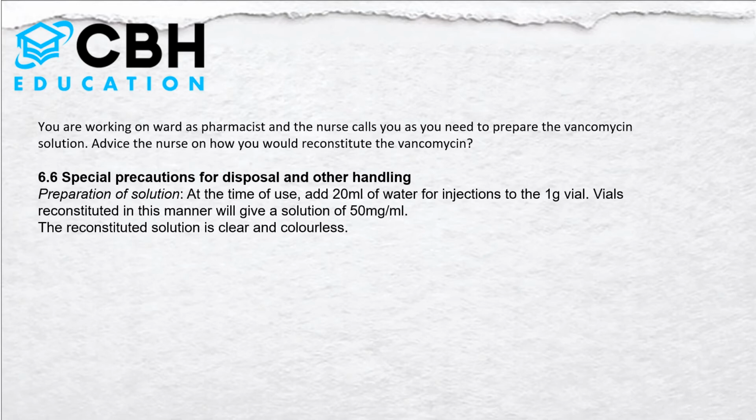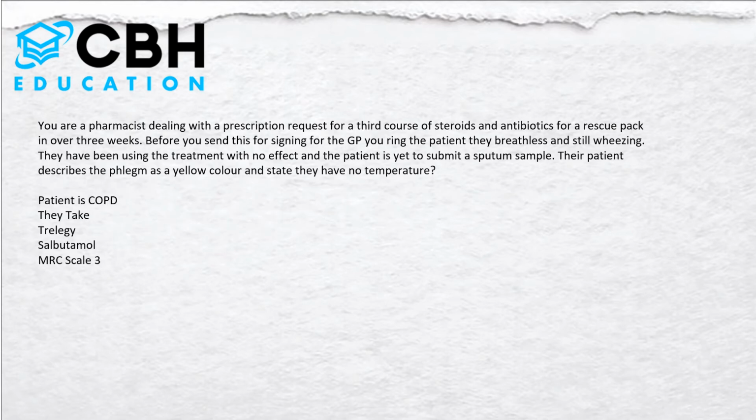Basically here you add 20 ml of water for injection to a 1 gram vial, and vials reconstituted in this manner will give a solution of 50 milligrams per ml. We will bring calculations into this as well, looking at how you would work out the dilution calculations, which we will cover in our calculations revision series.